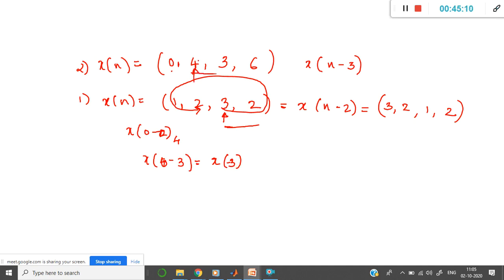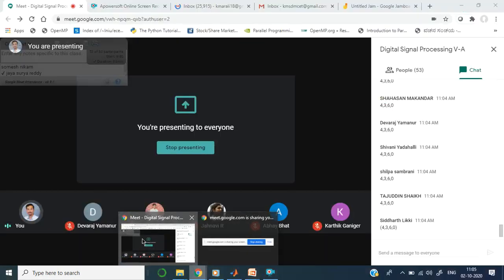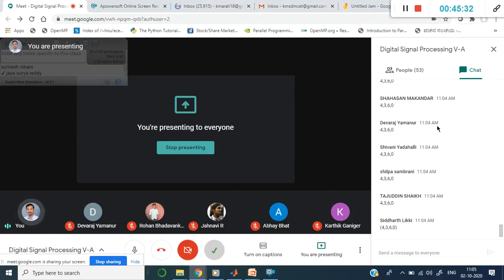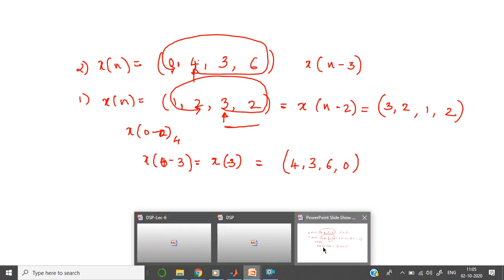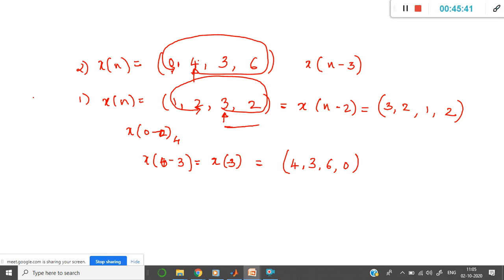From here I start and move forward, and since it is circular, the last value is this, which means the answer must be 4 3 6 0. Am I right? So this is a very simple technique, a shortcut method. Most of you have tried this and got the correct answer. I hope you got to know how to calculate with the shortcut method.